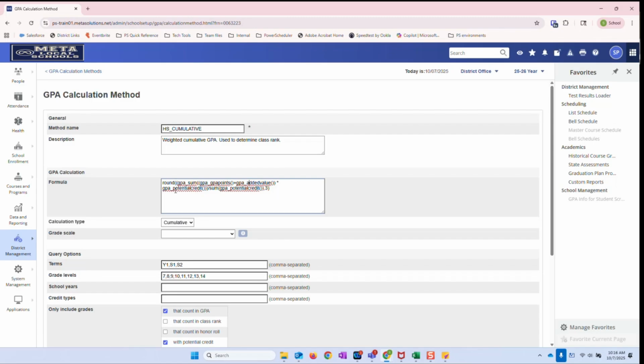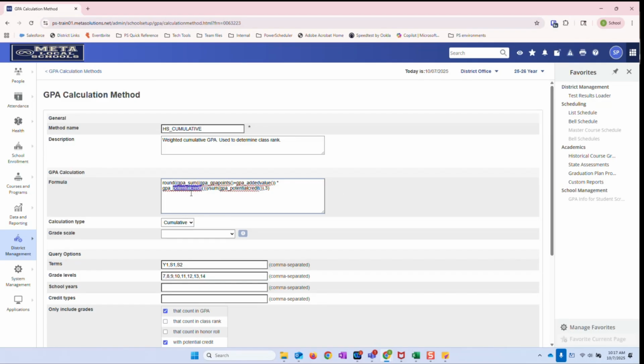We talked about potential credit. So final grades should have potential credit, right? Your students are usually earning credit, but would always have potential credit on those final grades in order to calculate a GPA, unless again, you're using that simple GPA formula I referenced earlier, the simple total points divided by number of classes.